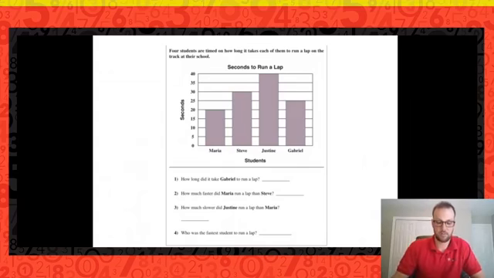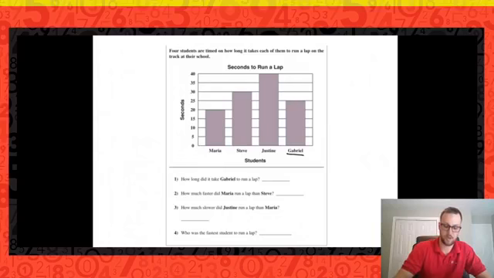And we're doing it by the names of each of these students here. And the height of each of these bars represents how many seconds it took. Which is up to the top of his bar, and I can see that that was 25 seconds.